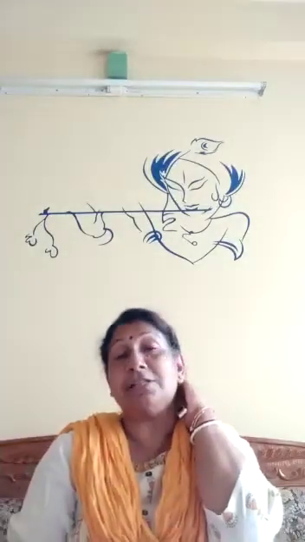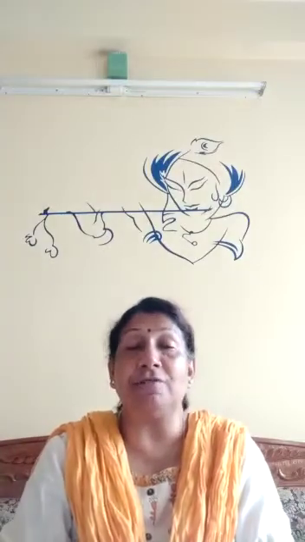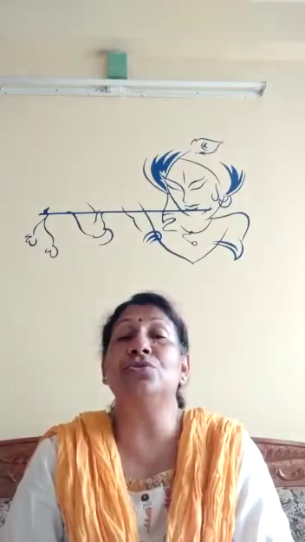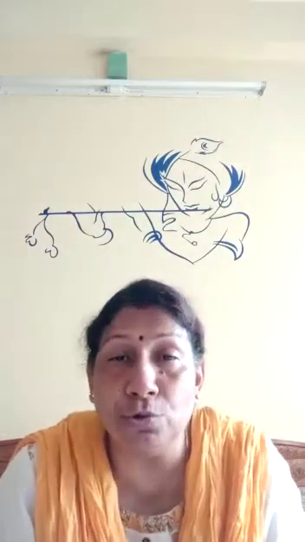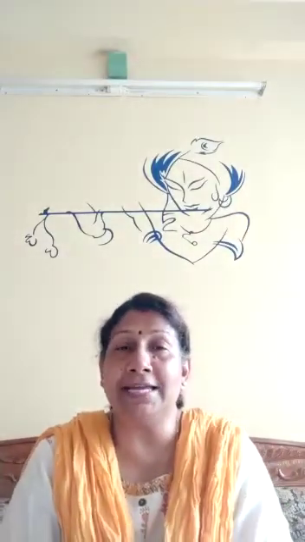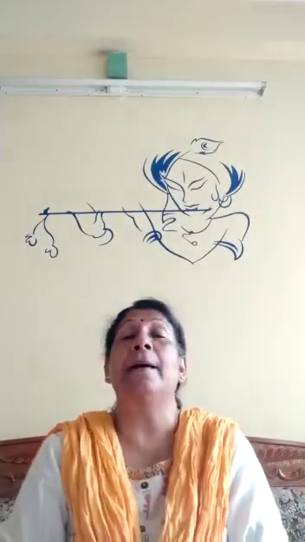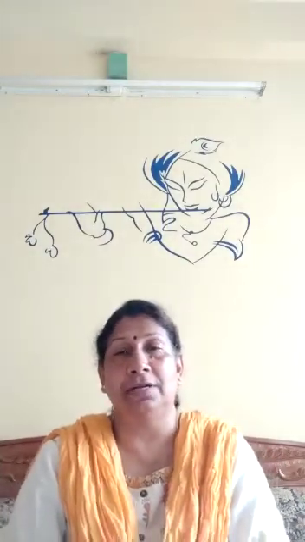Here, what is the main function of the leaf, children? The main function of the leaf is to synthesize food for the whole plant. Why? How are they able to synthesize? Synthesize means manufacture.